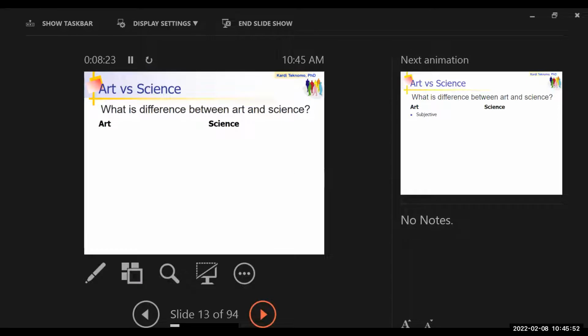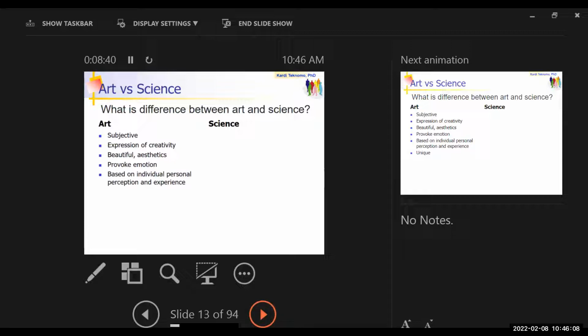So what's the difference between art and science? Again, art is subjective, an expression of creativity. It can be beautiful, aesthetic. It can provoke emotion or be based on individual perception and experience. Art is usually unique, right?